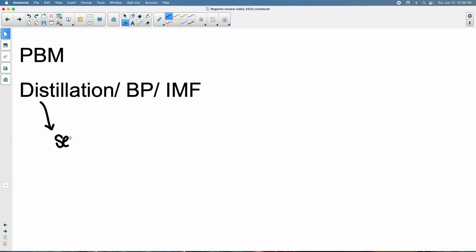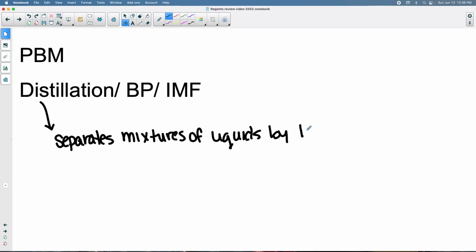We're talking about distillation. Distillation, remember, separates mixtures of liquids by boiling point.